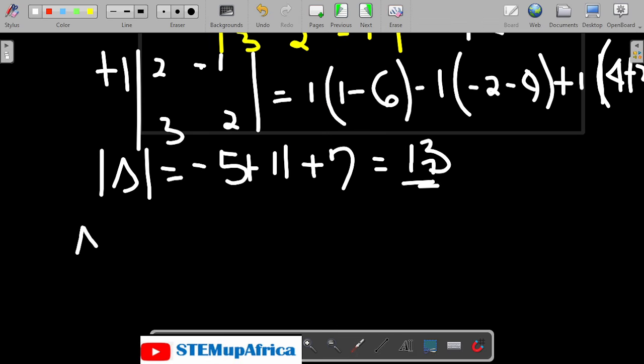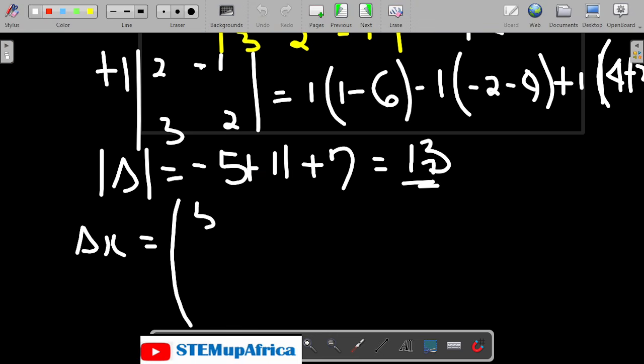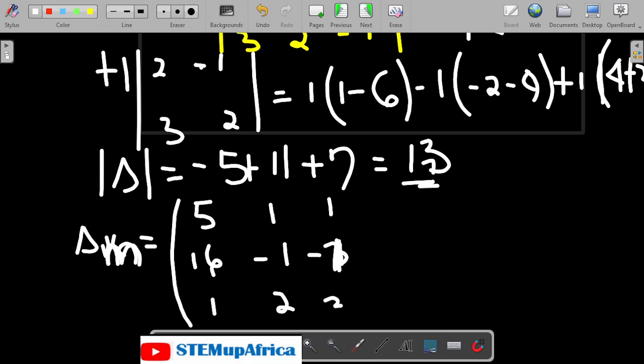So delta m now, I'll use 5, 16, and 1 to replace all the coefficients of m. So I'm going to have 5, 16, 1 for the coefficient of m, then here will become 1, minus 1, 2, 1, 3, 1, minus 1, 3.